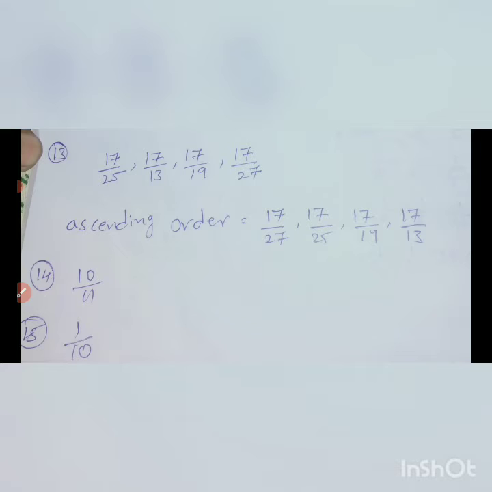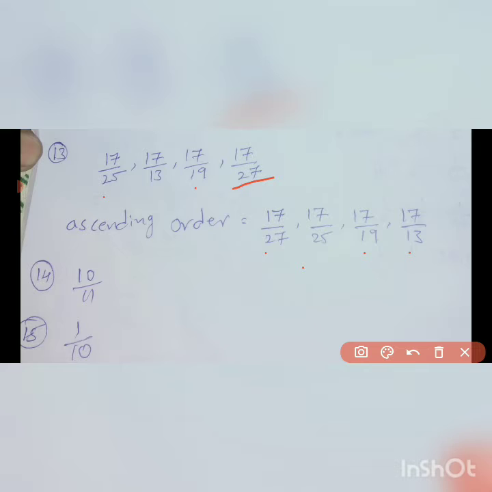The greater denominator number will become the smaller number. So the greater denominator is 27. 17 by 27 will become the smaller number. Then again 17 by 25 is the next smaller number. 17 by 19 is the third, larger number. 17 by 13 is the largest number.